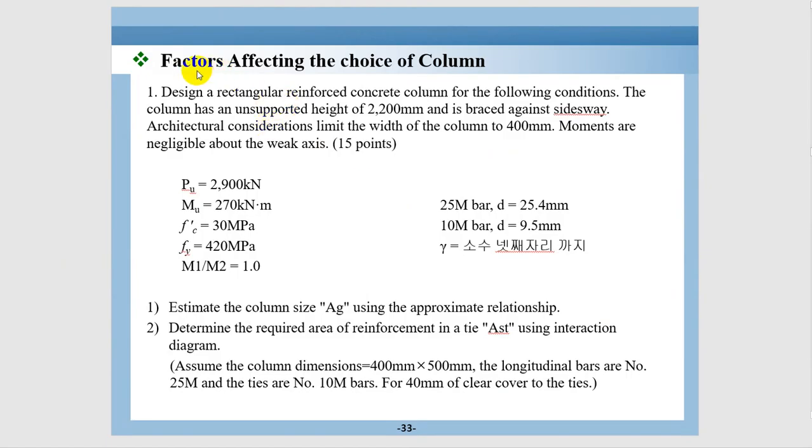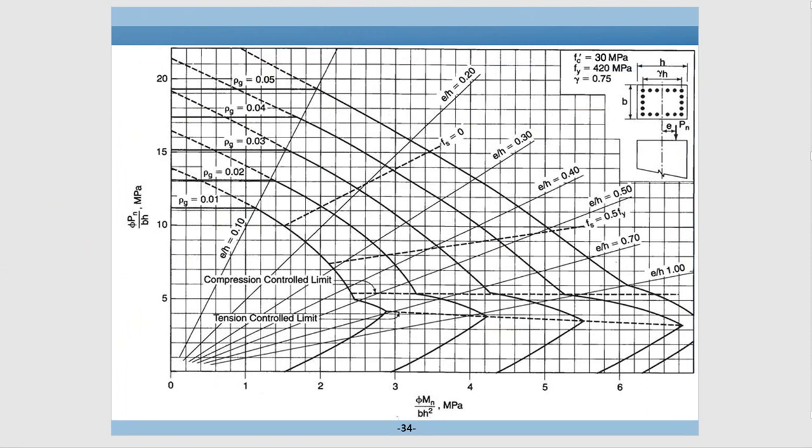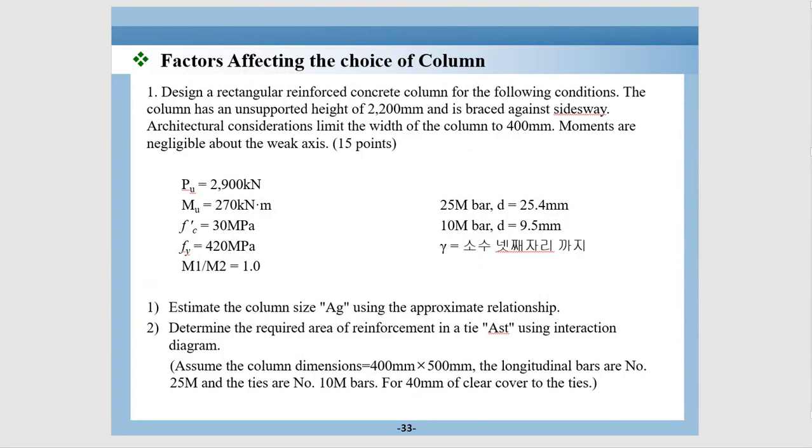Let's solve an example problem to see how we can use the PM diagrams to design a column. And the problem says: design a rectangular reinforced concrete column for the following conditions. The column has an unsupported height of 2.2 meters and is braced against sideway.